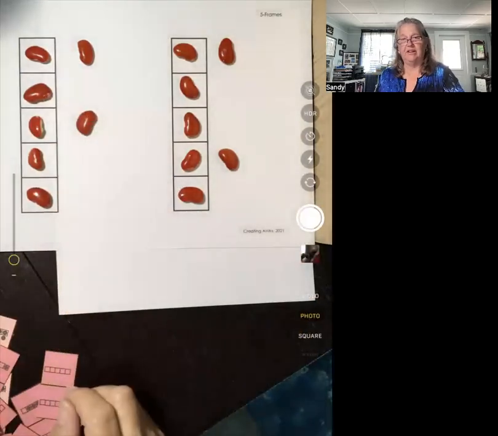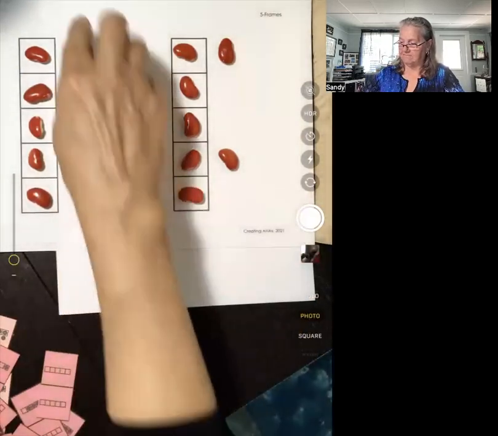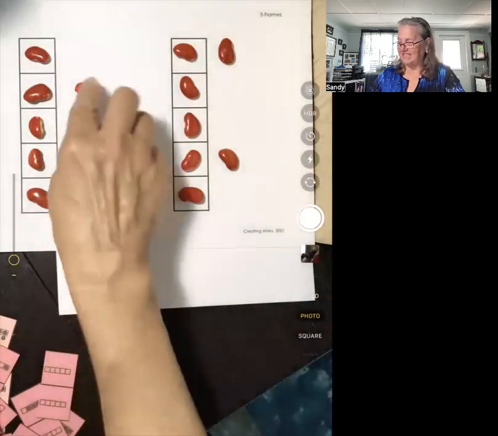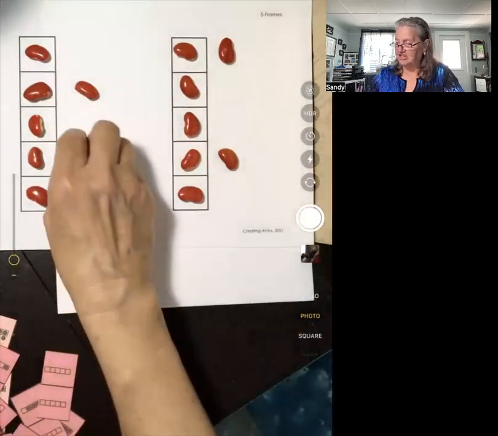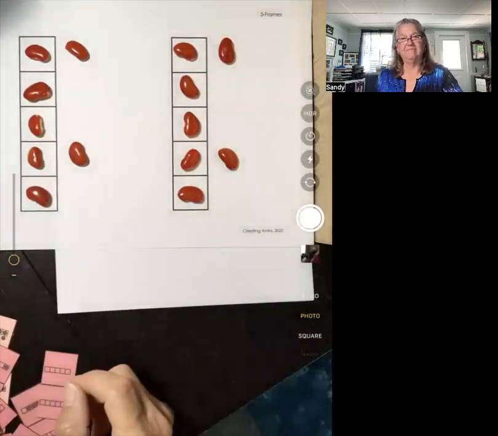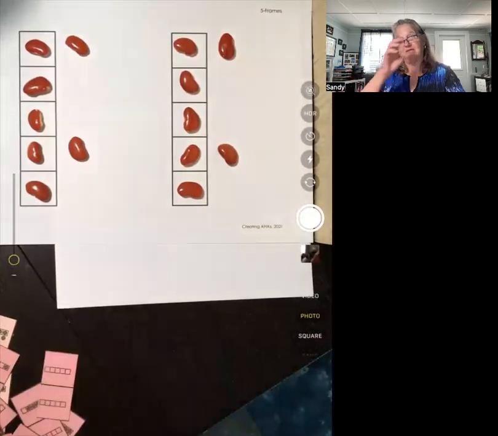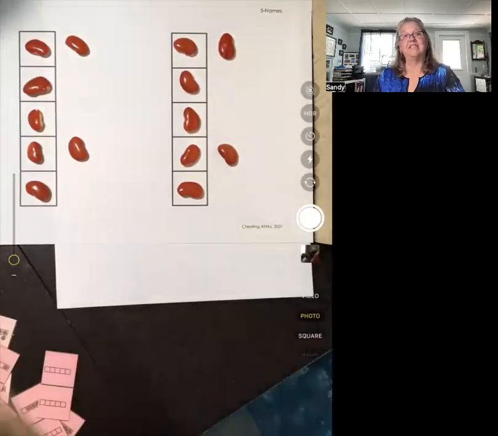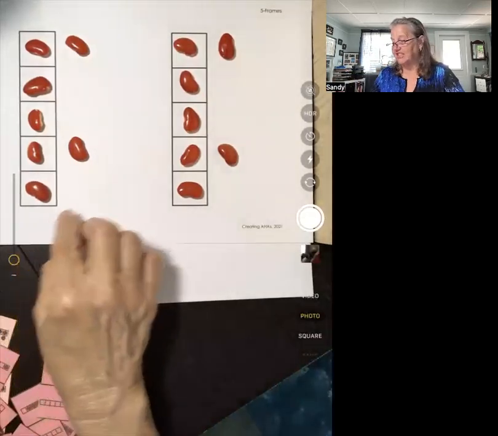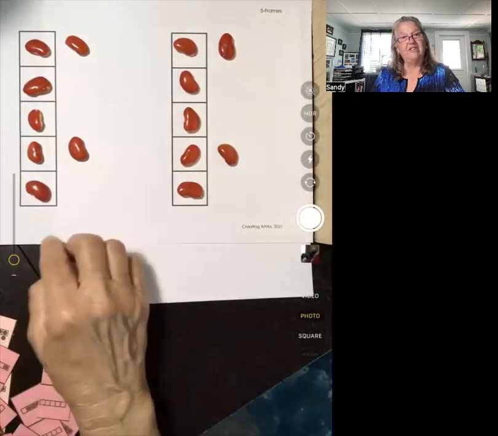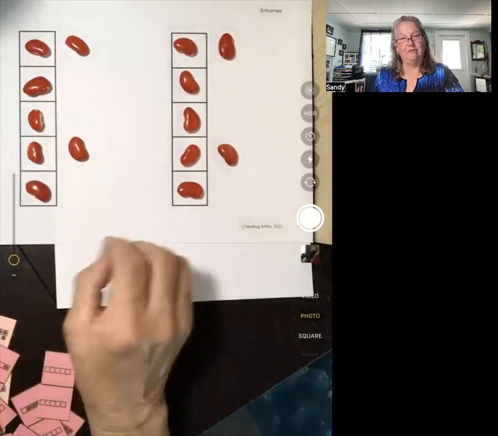I could show it up here. I could show it like this. See where I place these beans doesn't change the fact that 5 and 2 is 7. See, using the 5 frame, I'm doing the combinations of 5 and up to 10, those combinations that get me 5 and 1, 5 and 2, 5 and 3, 5 and 4.